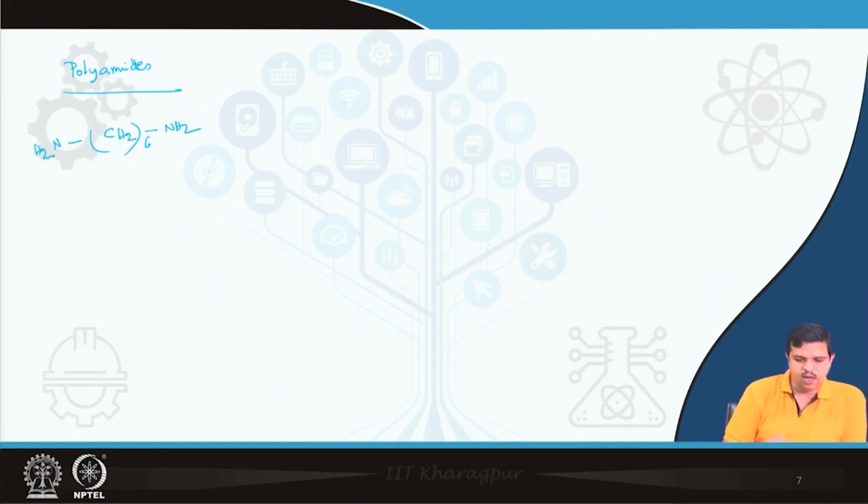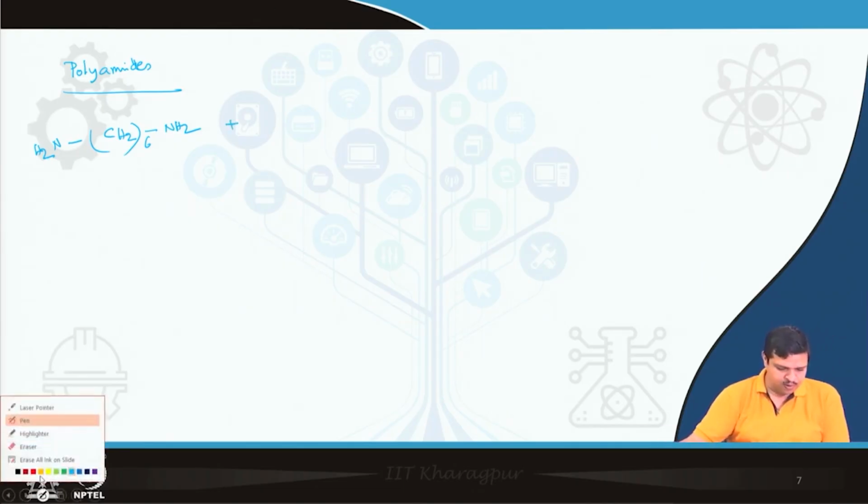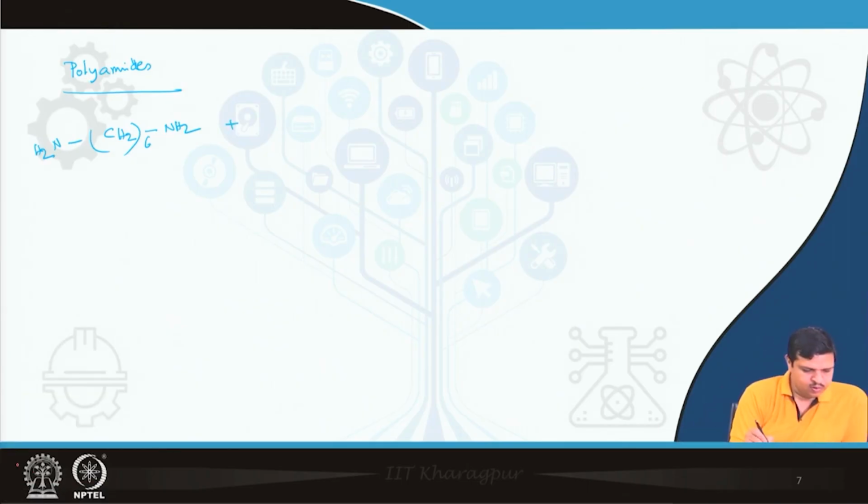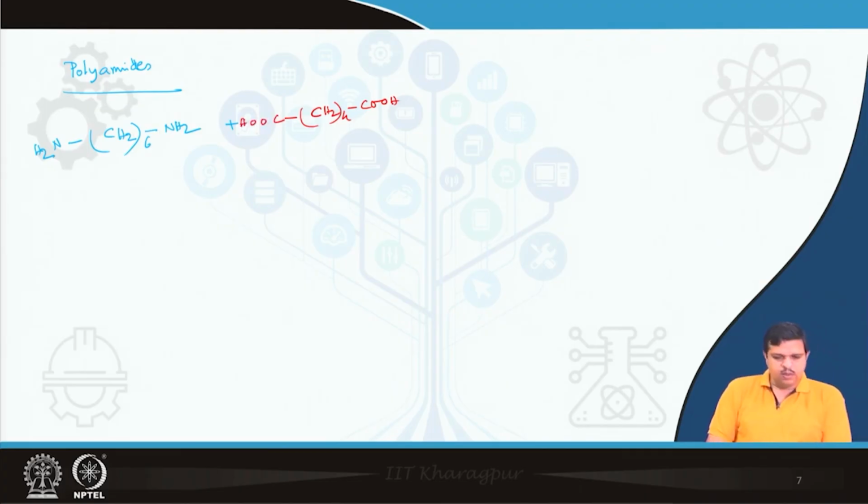So, this is a diamine, again an AA type monomer, and the other one is the diacid, dicarboxylic acid, with (CH2)4 and COOH at both ends. Then what polymer will you get?